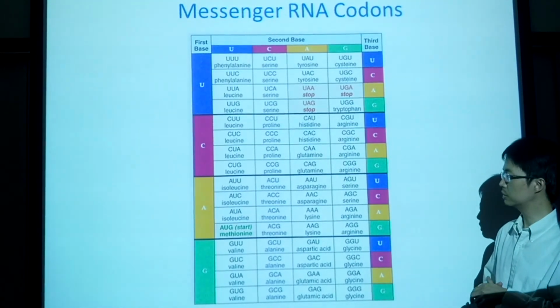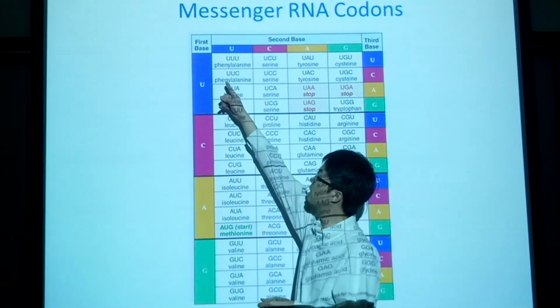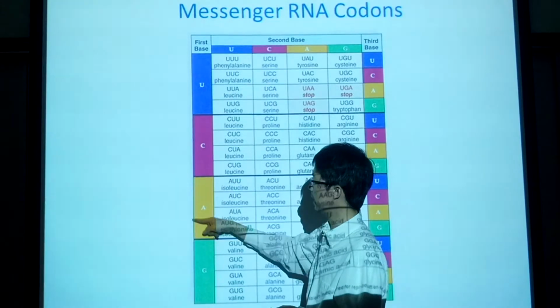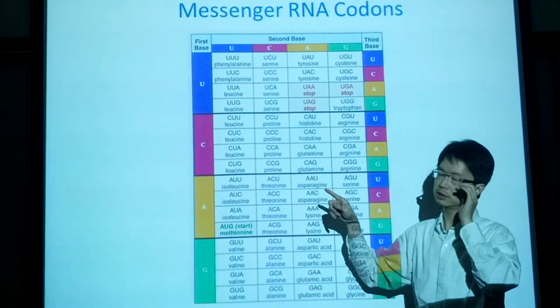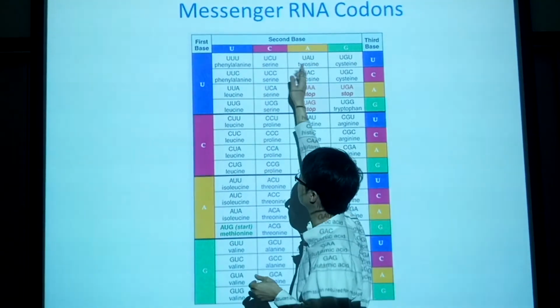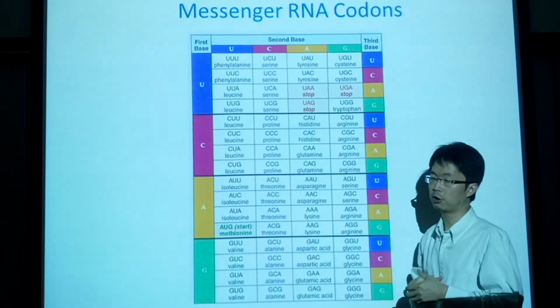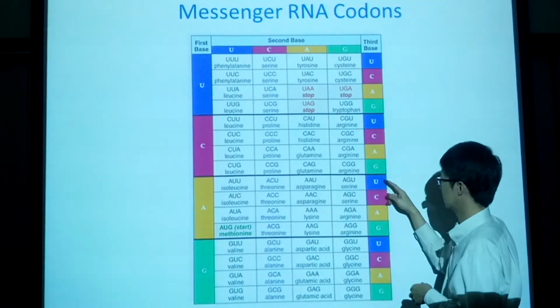How do we read this table? First of all, we read from the first base. The first base is here. For example, this is A, so the first codon starts with A. And then the second base is horizontal. Let's take U, so AU. What will be the third one? AU, that means here.